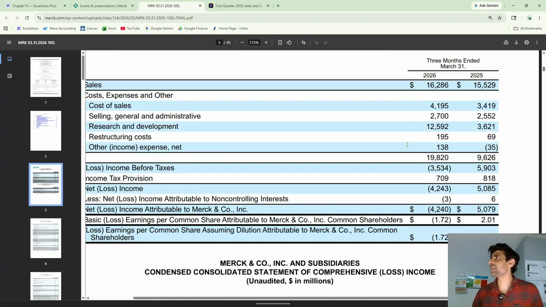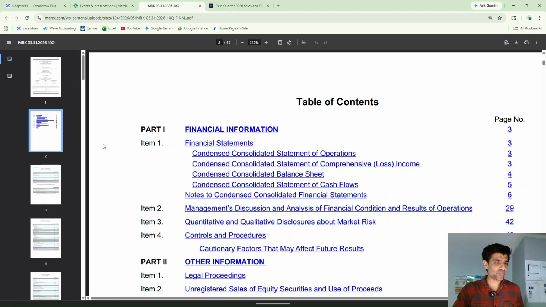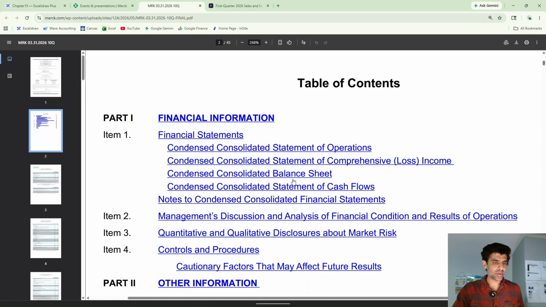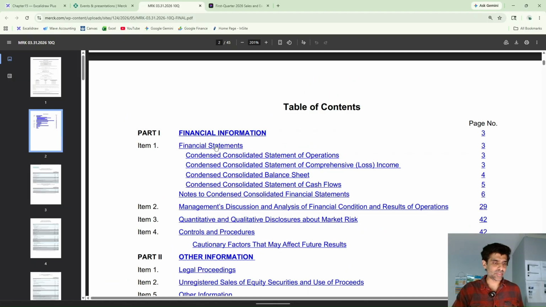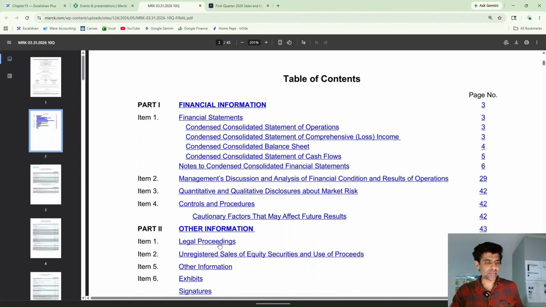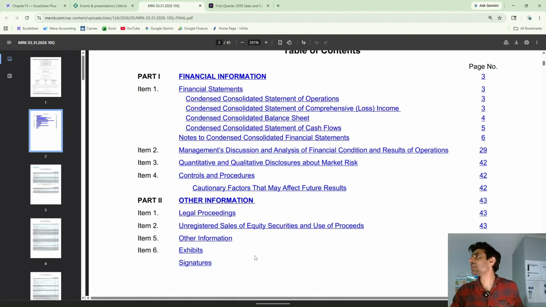Here are their financial statements, and of course they'll have all this other stuff. If we look at the table of contents, they have their financial statements. They have a discussion where they're writing out in plain English what's going on with the business. They'll have some disclosures, and then some other stuff.